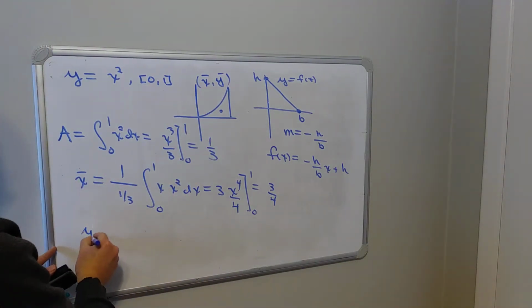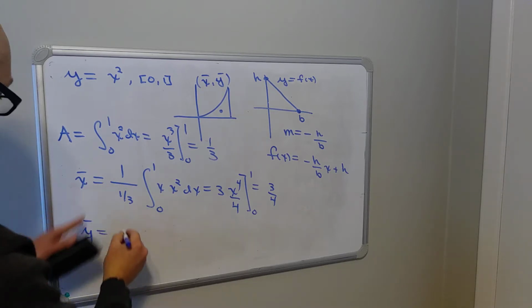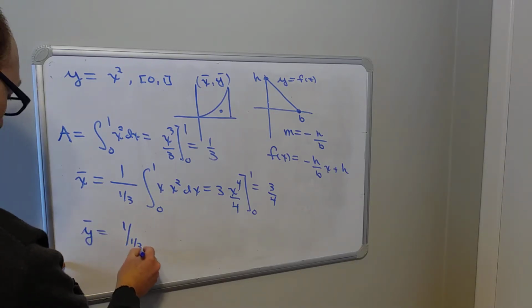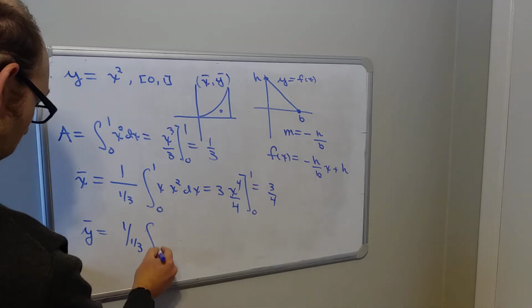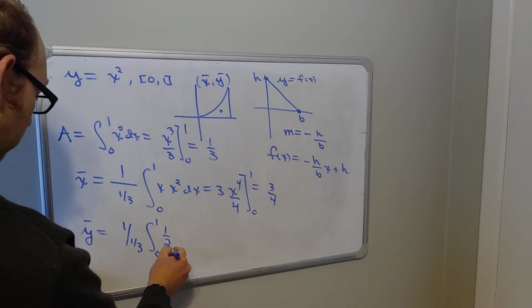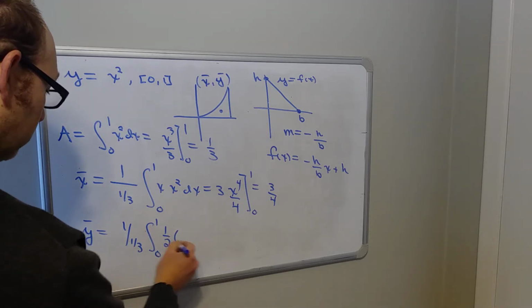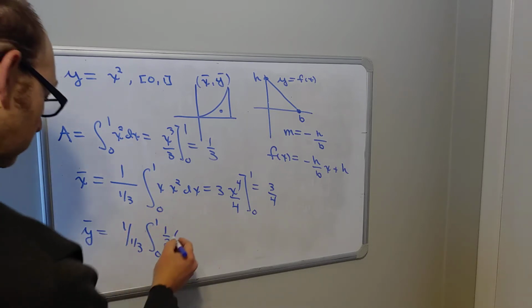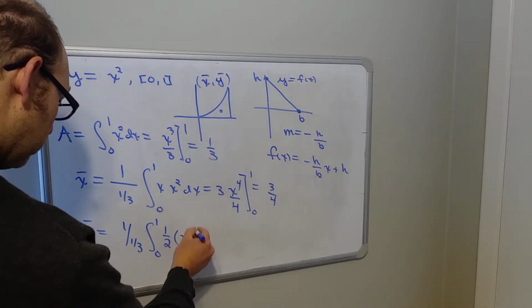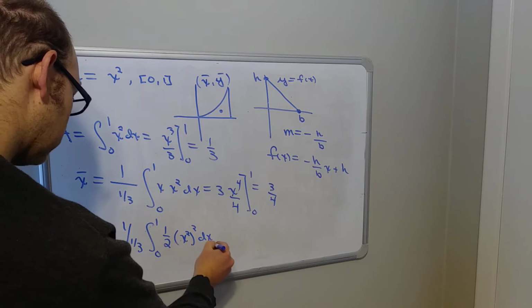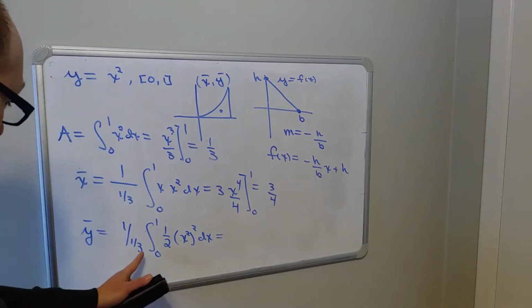And y bar, so 1 over 1/3, the integral from 0 to 1, 1/2 times the quantity function squared, so it's x squared, quantity squared, dx. Alright, so let's see.